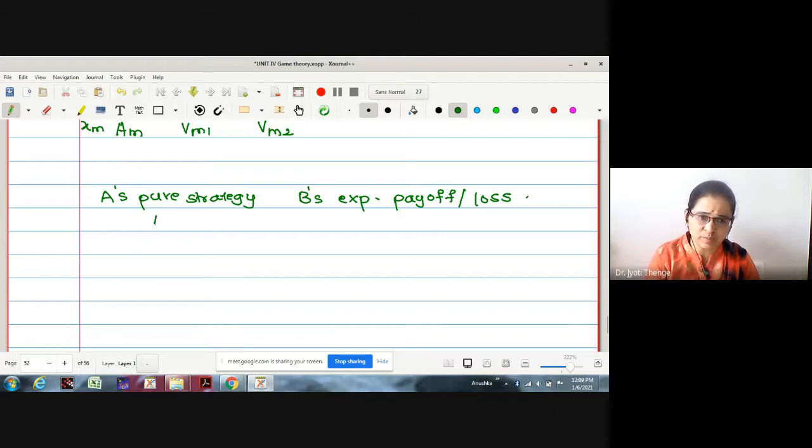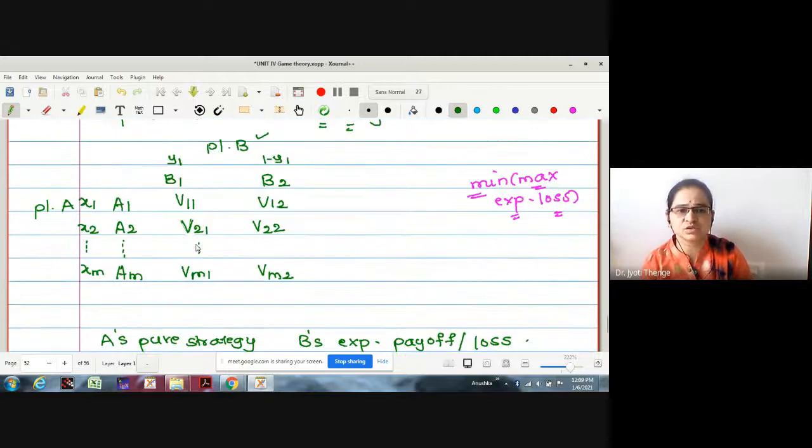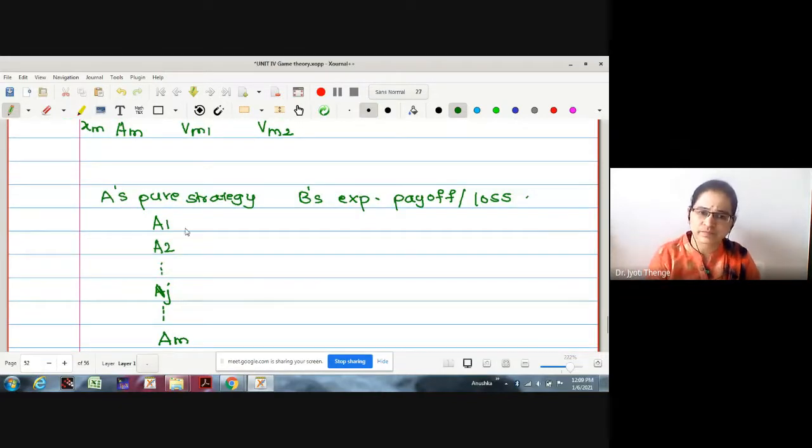If I write A plays the pure strategy A1, A2, up to Aj and Am. As we have discussed, what is the expected loss? This is V11 Y1 plus V12 into 1 minus Y1.